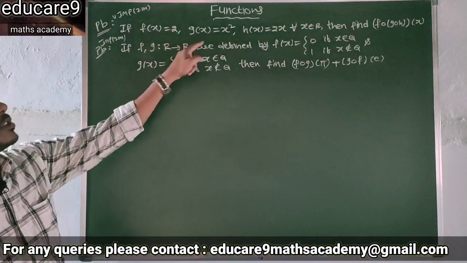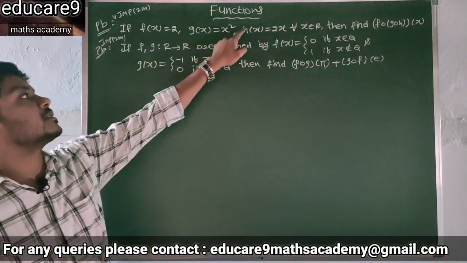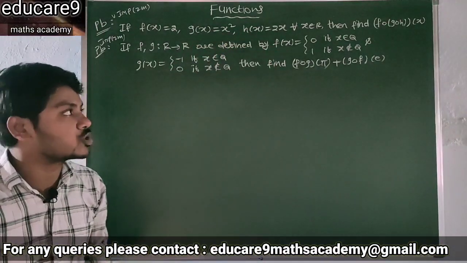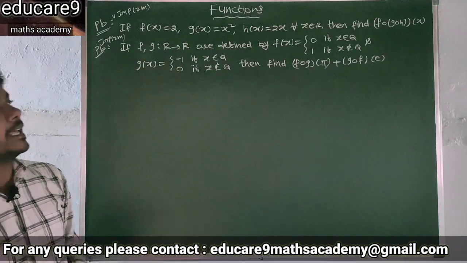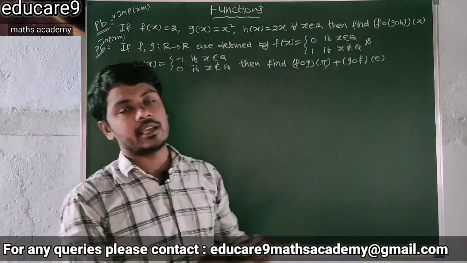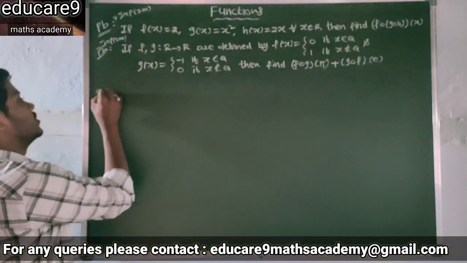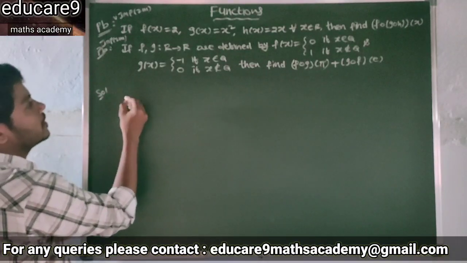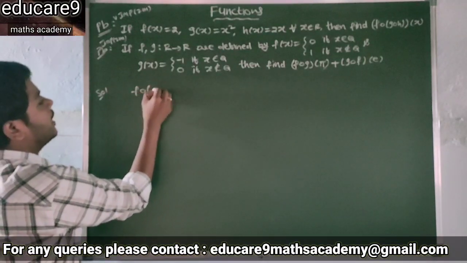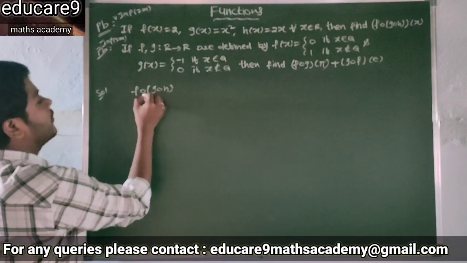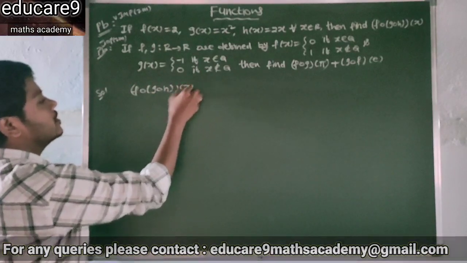If f of x is 2 and g of x is x square, h of x is equal to 2x, then find f circle g circle h of x. So see the solution. f circle g circle h of x.